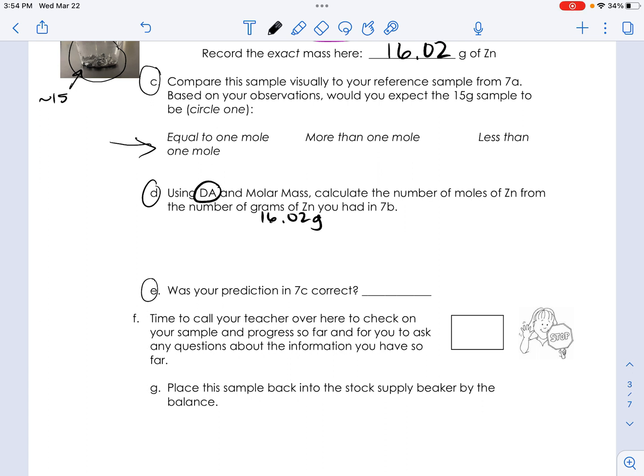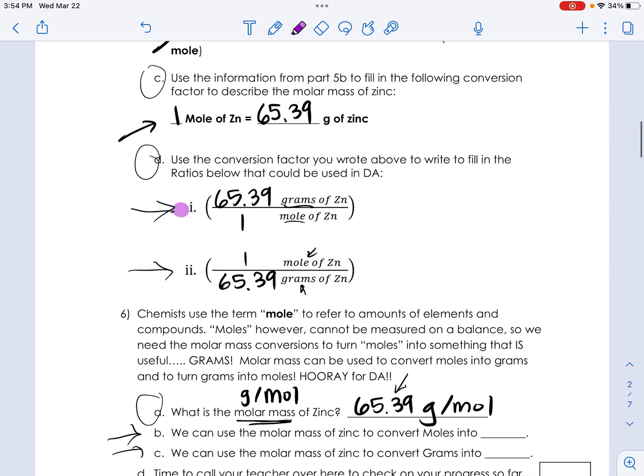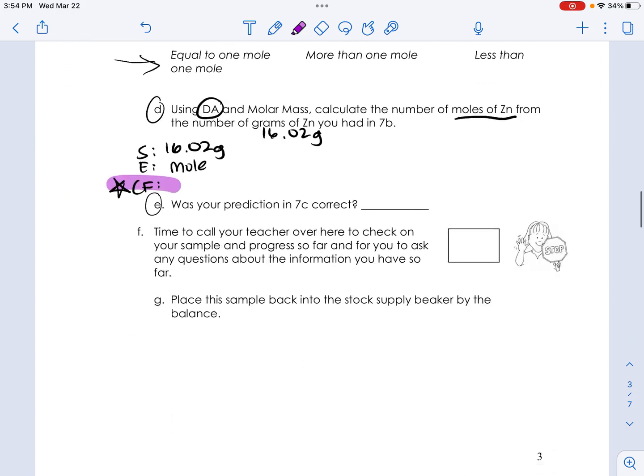So this says it's DA, so we need a start, an end, and a conversion factor. Your start is going to be a number and a unit, so that's 16.02 grams. Your end is that unit it's looking for. It wants us to get it to moles. And our conversion factor is going to come from up here. You'll have to choose which one you want based on what units you want to cancel when you set up your problem, okay?